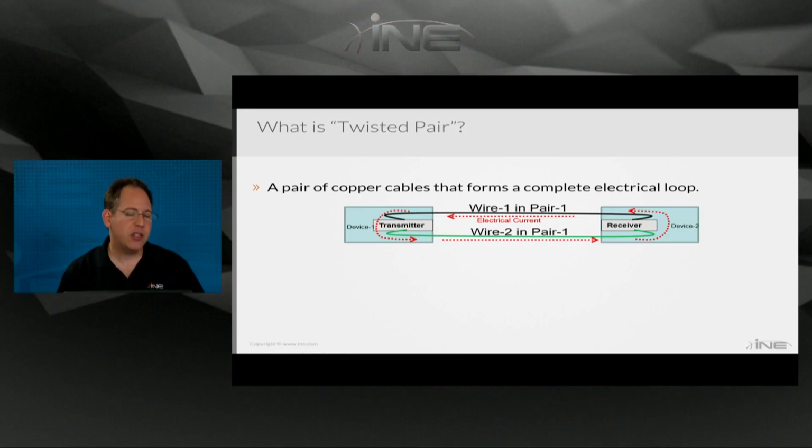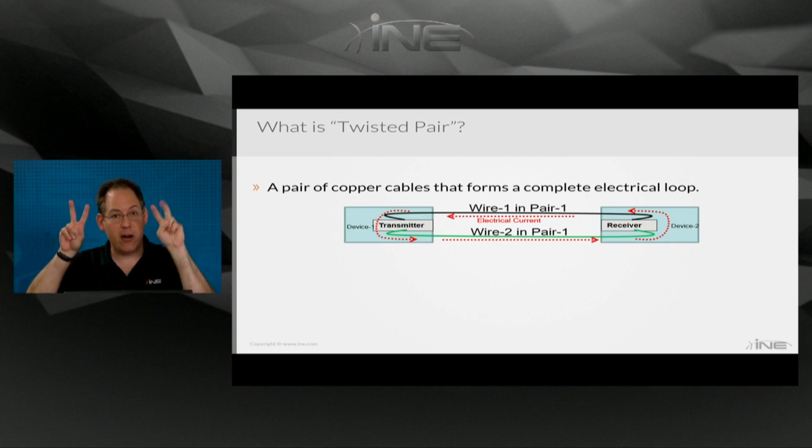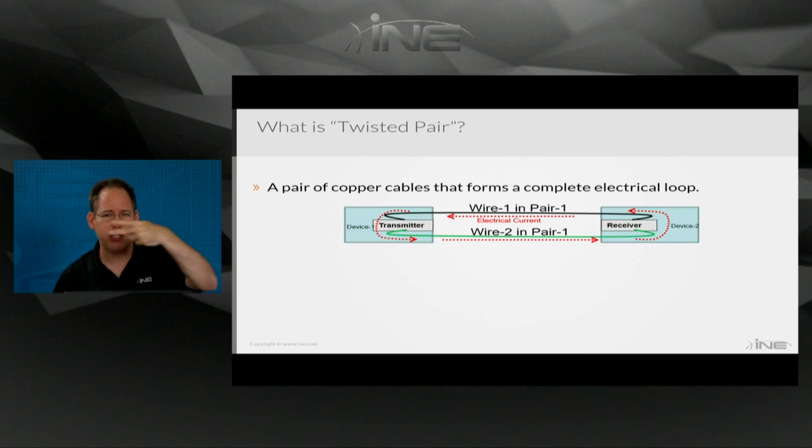In twisted pair cabling using Ethernet, the earliest forms of Ethernet specified you had to have at least two pairs of cables. That means a total of four cables, one pair and one pair. Now, why do they call it twisted pair? Well, if these cables are running right next to each other, because of the way electrical energy and magnetics work along the cable, their electrical energy could actually influence each other.